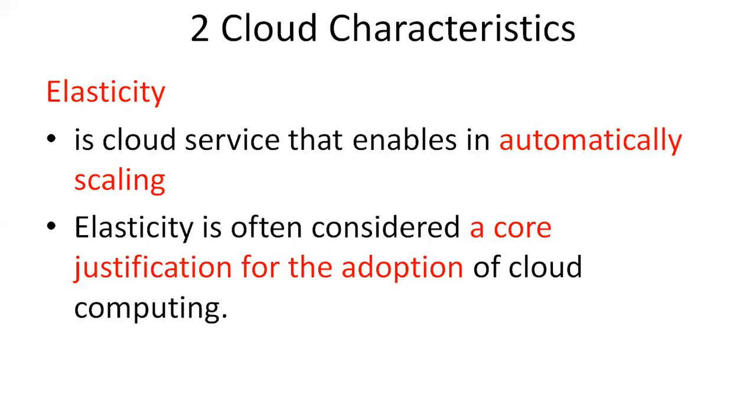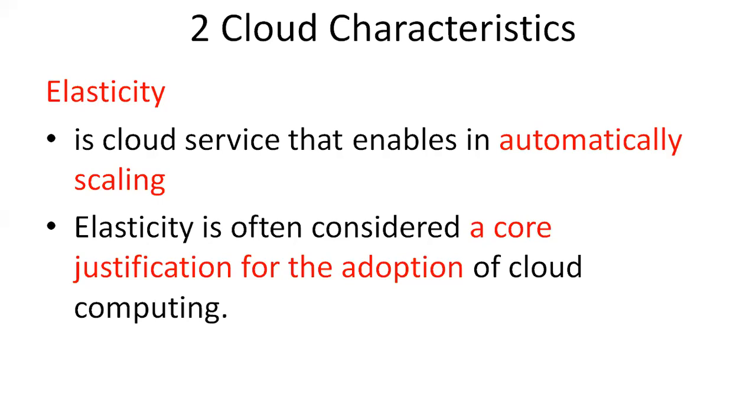That means scaling. You have to automatically scale the IT resources or IT services. That is called elasticity. In elasticity, there is scaling out, scaling in, scaling up, and scaling down.